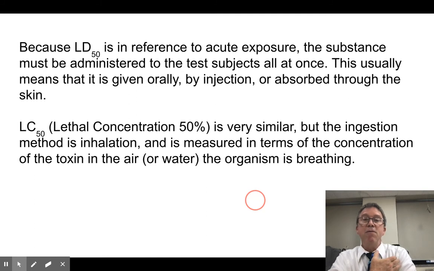So if it's humans, we're talking about what is the concentration of this toxin in the air. So it would be in parts per million concentration in the air per kilogram of organism being exposed. Or if it was fish, it might be parts per million in the water per kilogram of fish. Okay, but it's the same basic idea. It's just a different exposure methodology.